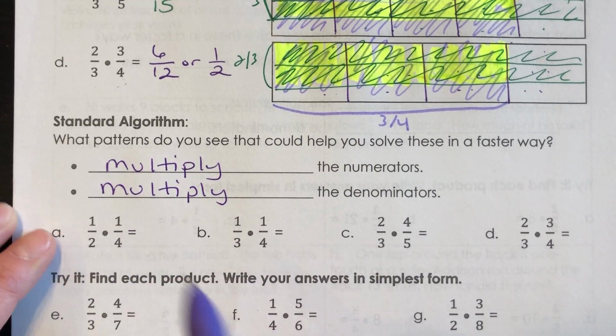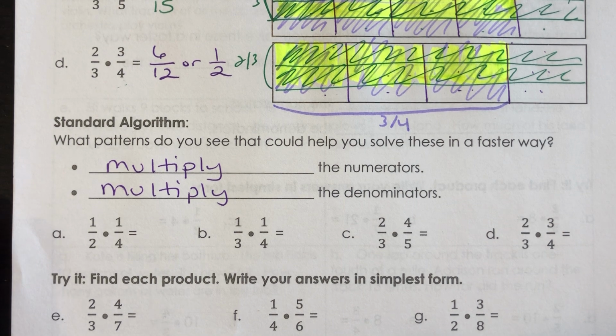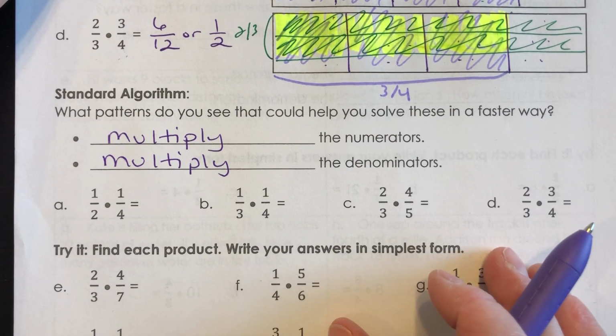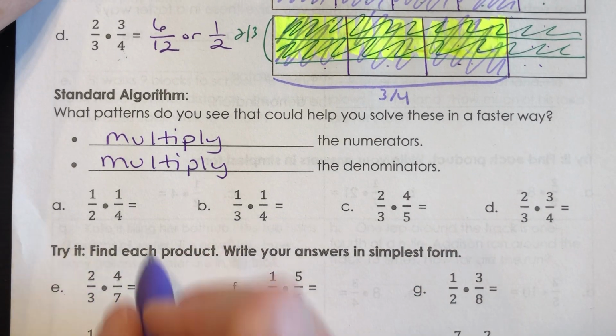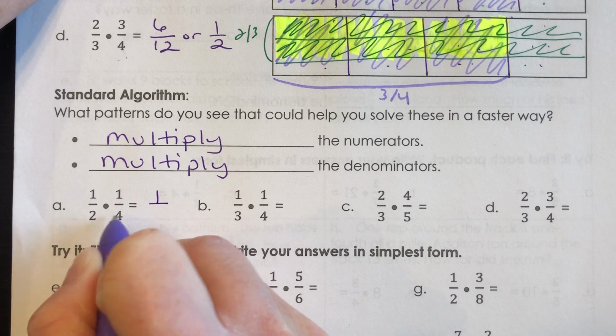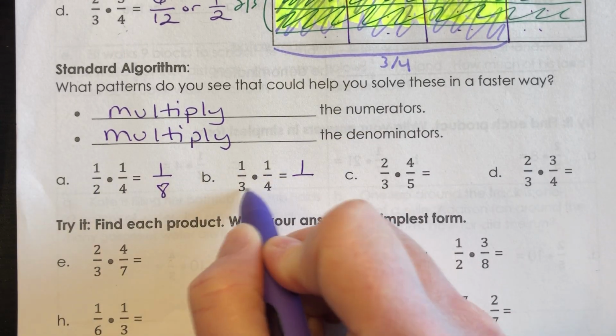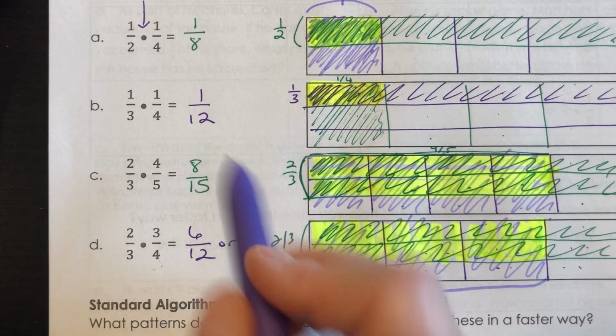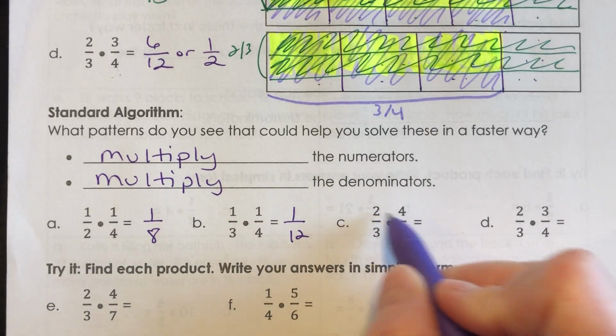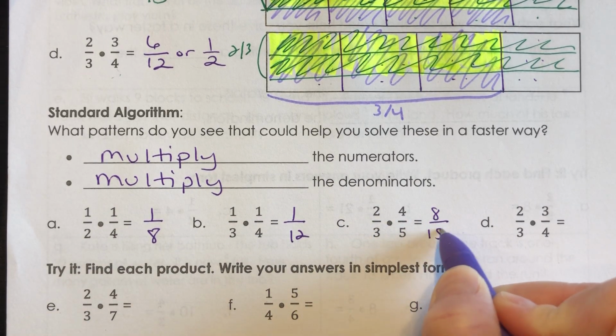That means instead of drawing that out, which you do still have to have the ability to draw it out. You will see that on a test or on a quiz from me, being able to use the area model. That is something I'm required to teach you how to do. But yes, I like this way too. 1 times 1 is 1, 2 times 4 is 8, so we do get an answer that matches our starting. 1 times 1 is 1, 3 times 4 is 12, and yes, that matches letter B. 2 times 4 is 8, and 3 times 5 is 15.